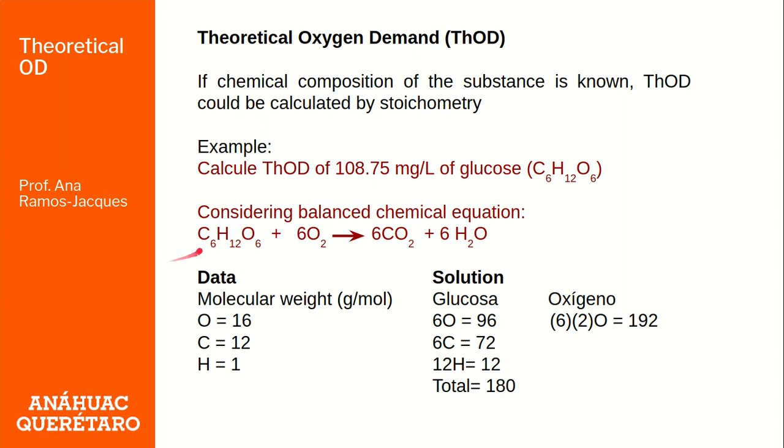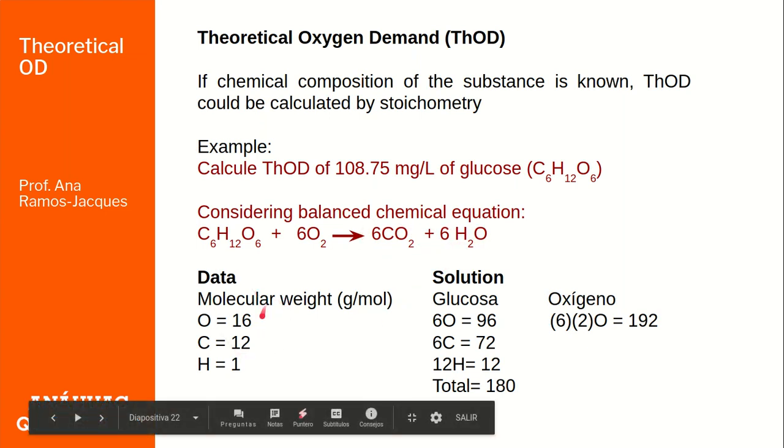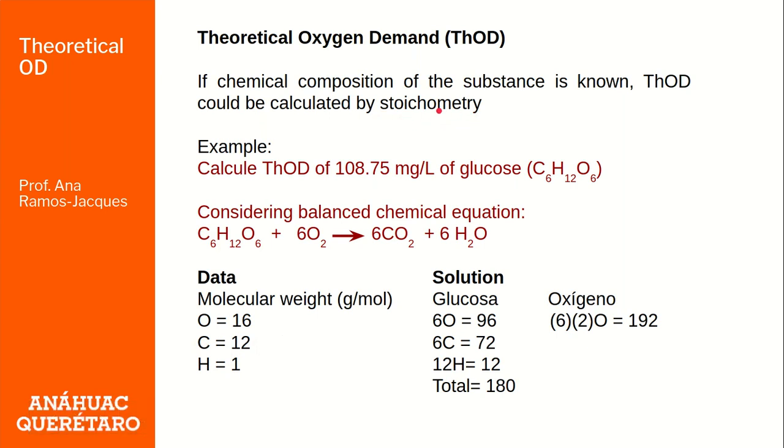Then we have the glucose plus the oxygen. This gives us the main products of the composition, that is carbon dioxide plus water, as we saw in the past class. And the data we have here is telling us that it is by stoichiometry.